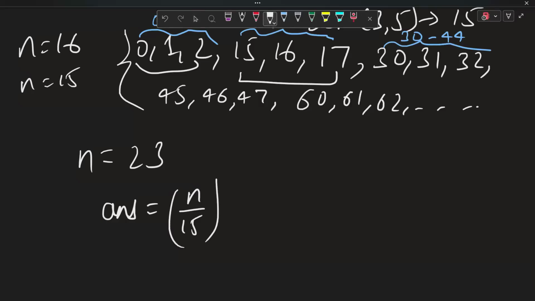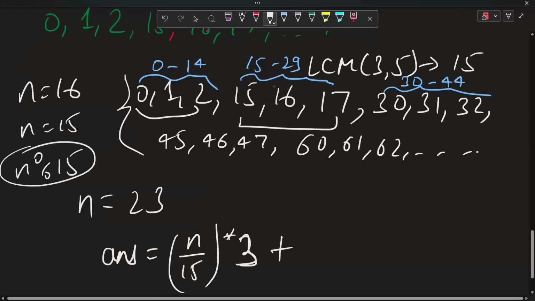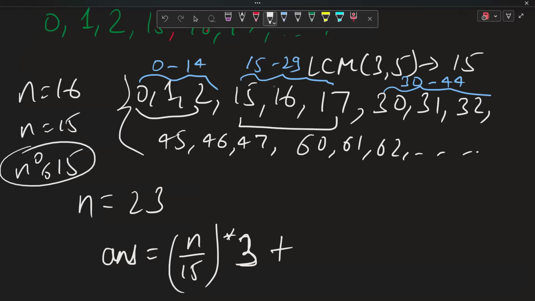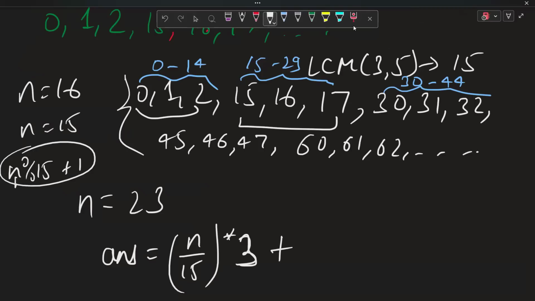It's integer division. This multiplied by 3 would be the contribution of the complete blocks. And then plus, in the current block, how much do you get? n modulo 15 plus 1 would give you how many values are there in the current block.